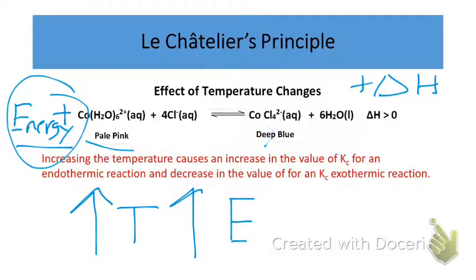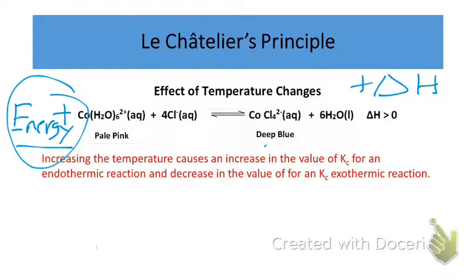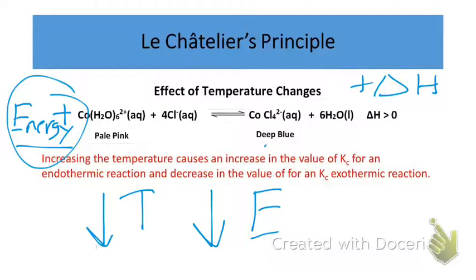Okay? So let's look at it in a different light. What if our temperature decreases? If our temperature decreases, then the energy of the system will decrease, and therefore the system wants to create more energy. In order to do that, the reverse reaction has to go faster to create more energy, which really is shifting in the exothermic direction.